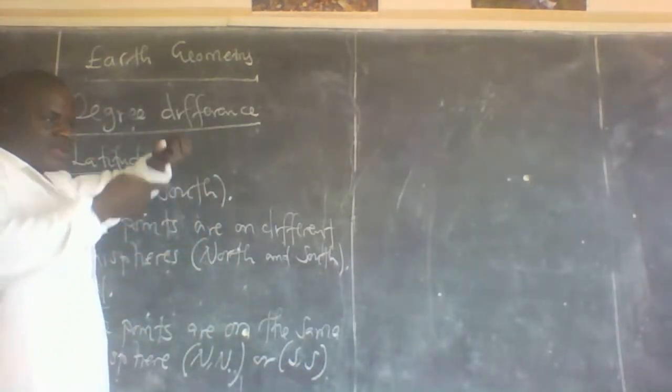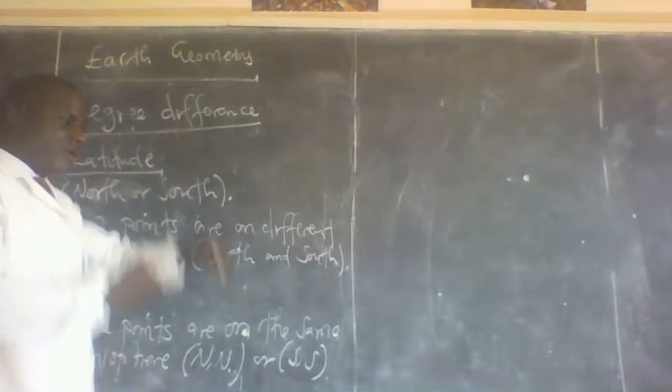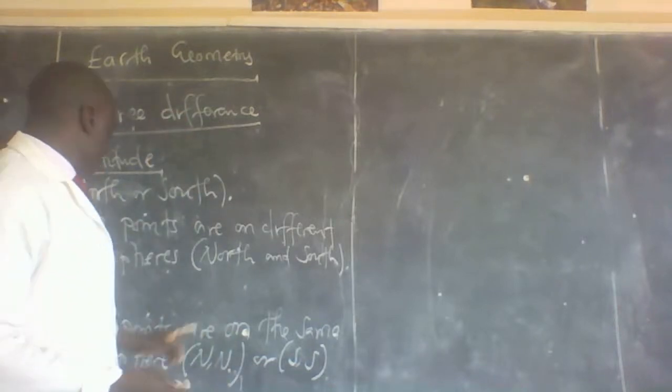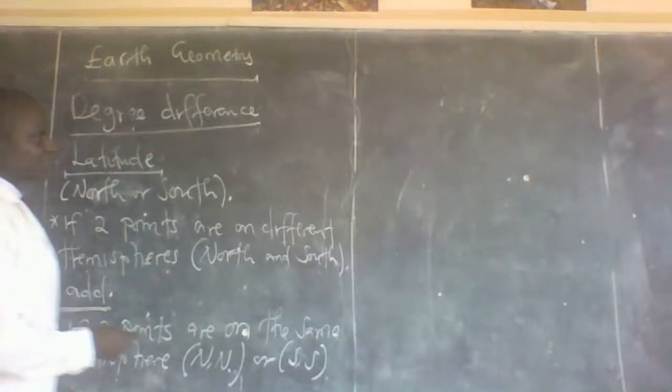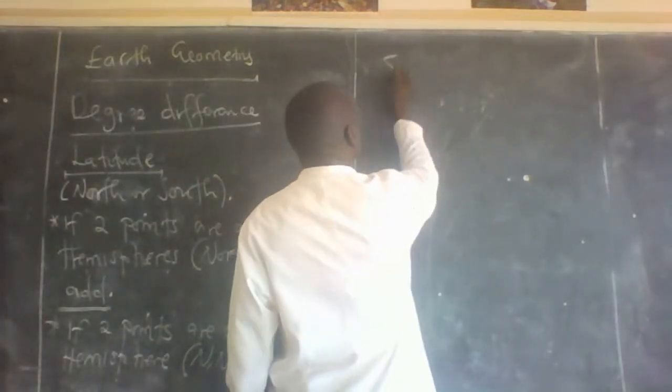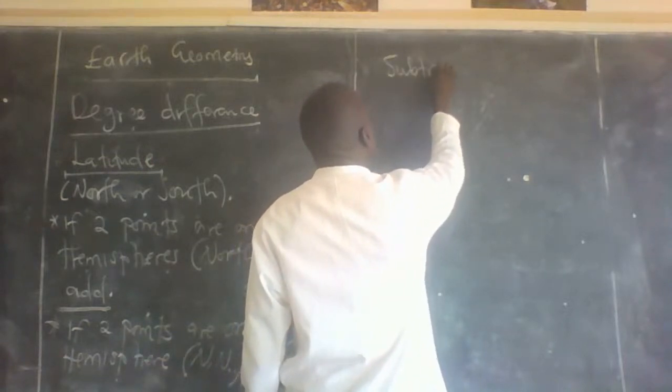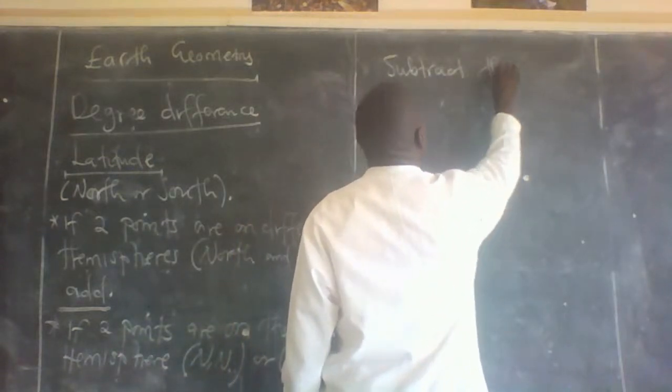Meaning you can have both on the northern hemisphere, or both on the southern hemisphere. To find the difference, we are no longer going to add, but what we are going to do is subtract them.